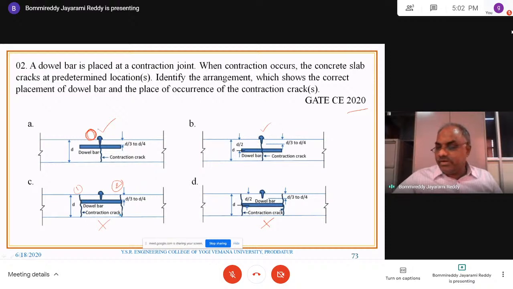So this is the correct option for keeping the dowel bar. The dowel bar must be provided across the crack, and it should be at the top of the section only, at a distance of d by 3 to d by 4 from the top, not at the middle, not even at the bottom. And dowel bars are not provided between the cracks. They are provided on either side of the cracks only. So it is only by observation that you can answer the question.